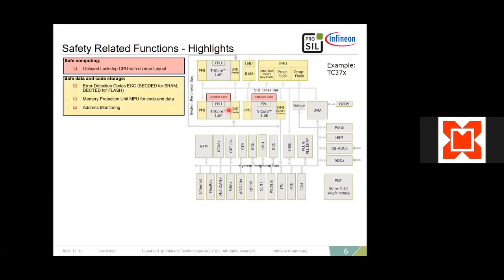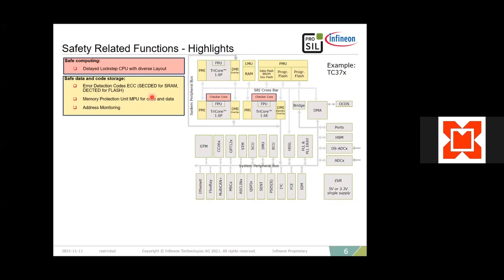Coming to safe data and code storage options, for code storage, the flash memories are protected with ECC codes, and for flash, single bit correction and double bit detection are available.